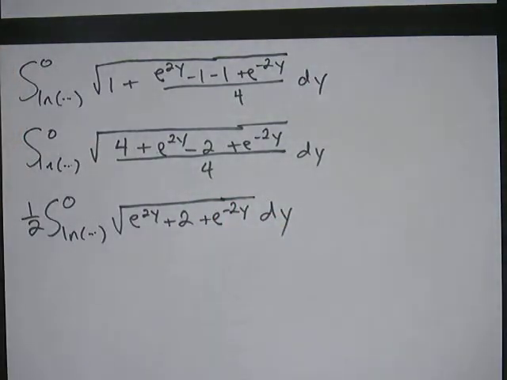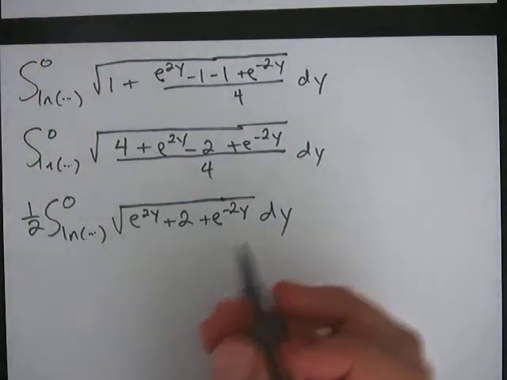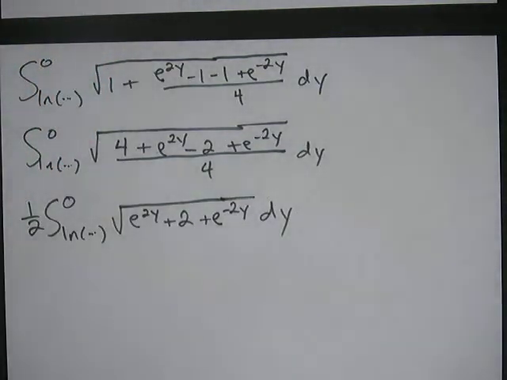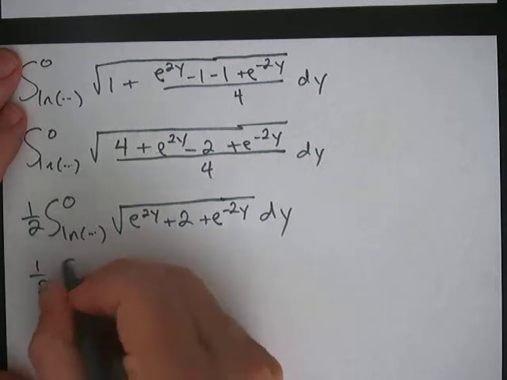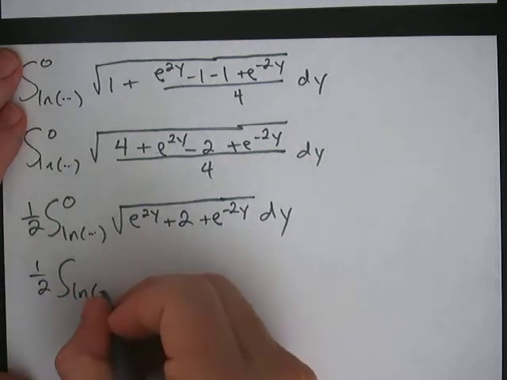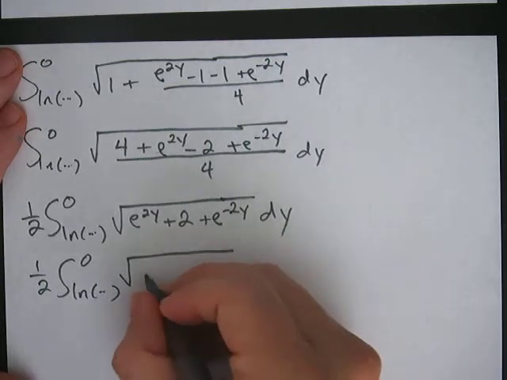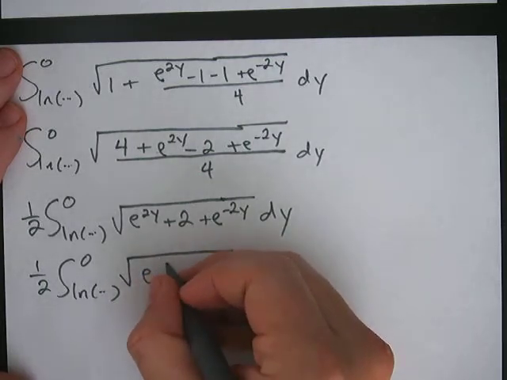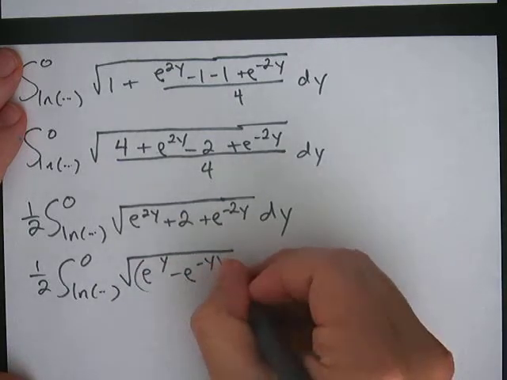Okay, so that's what we need to integrate, but we can clean this up. This can be factored. This is a perfect square. So that sucker factors into, let's see, what would that be? E to the y plus e to the -y squared. So 1/2 ln of that stuff square root of, and this is going to factor into e to the y minus e to the -y squared dy.